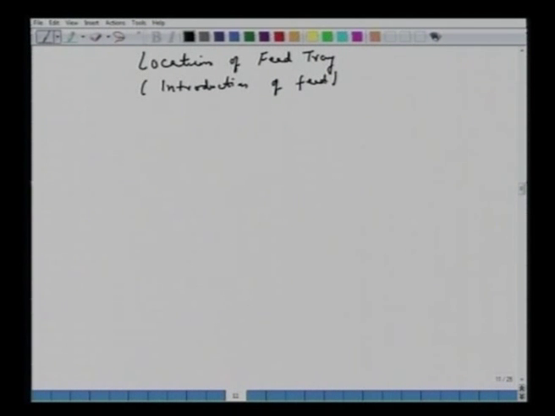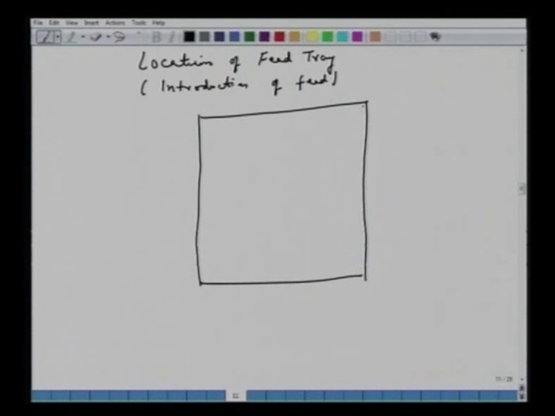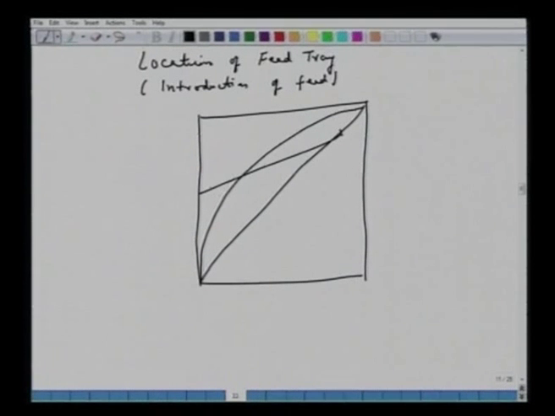Okay. So in this case, let's take one of the situations where, let's say, this is the yx diagram and these are the two operating lines and this is the Q line. Okay.